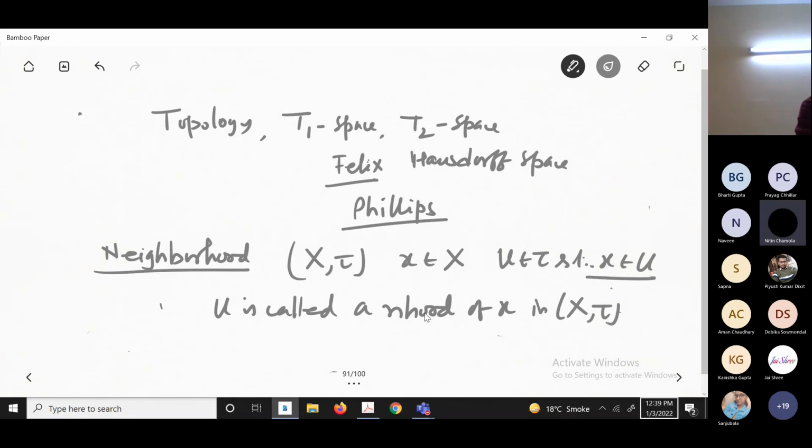Since any open set is open, it will be a neighborhood of each of its points.